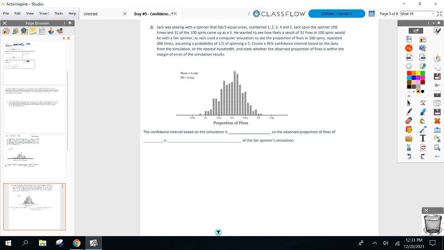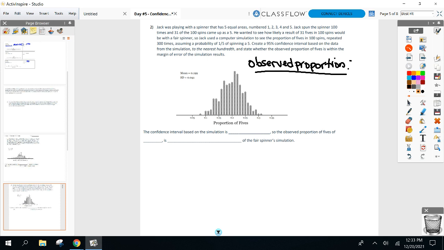First vocabulary term I've got to give out today: observed proportion. Observed proportion. This is what happened in the experiment. What actually happened? Well, he got 31 out of 100 fives, right?